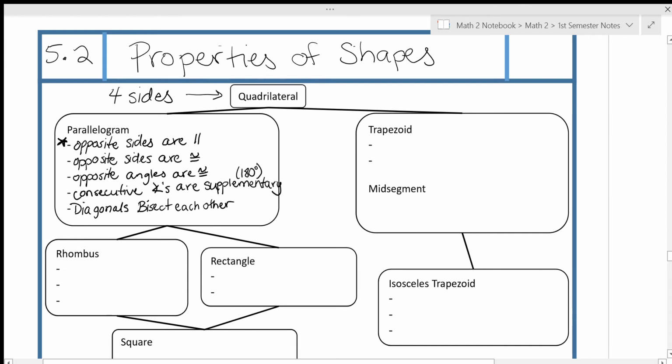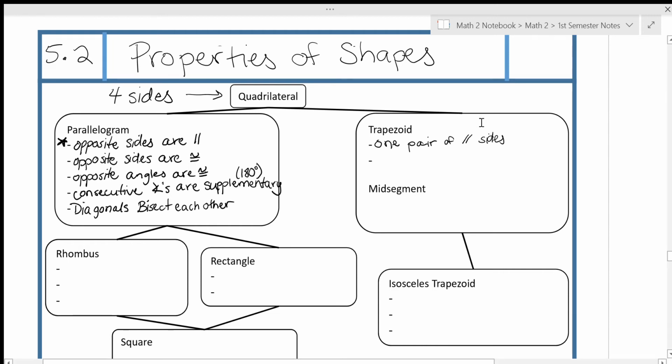Then on the other side of our quadrilateral classification here is trapezoids. And trapezoids only have 1 pair of parallel sides. So instead of having both pairs of opposite parallel sides, trapezoids only have 1 pair of parallel sides.